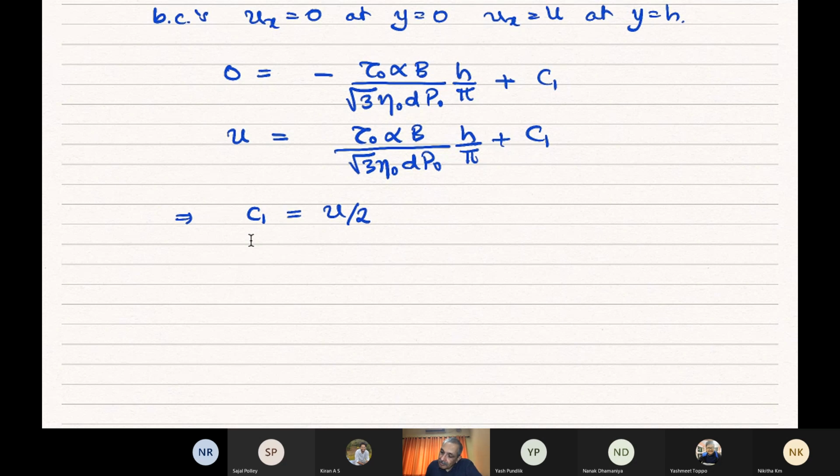And then from the first equation, I already know that c1 is just equal to tau 0.